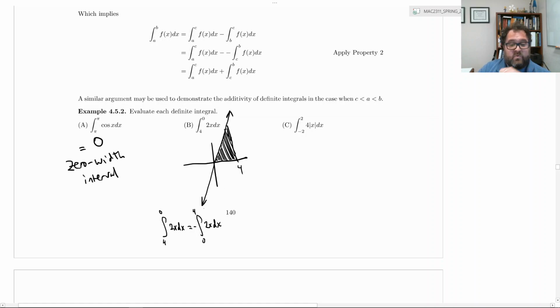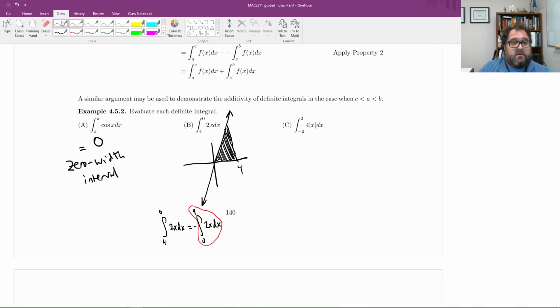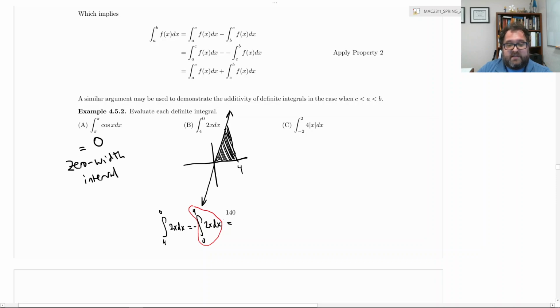And now this integral can be thought of as area, as net area, and we can calculate that using geometry. Now, we can actually think about it as area because that function is non-negative from 0 to 4. So we could simply say this equals, now there's a negative sign out front, of course, negative.